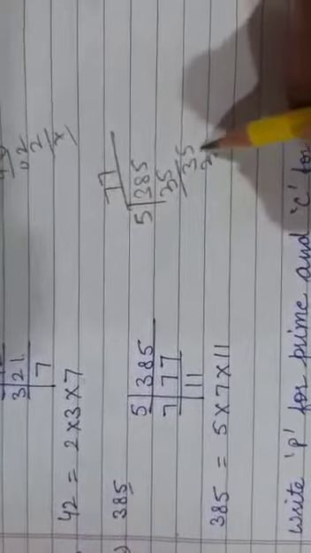You can do it orally also and in mind also, but when you repeat it, you will be able to do division in mind. As I have divided by 5, I get 77. I have written here. Now clearly it is divisible by 7. 7 11s are 77. Now the factors of 385 are 5, 7 and 11. So we can show 385 as the product of these three factors.